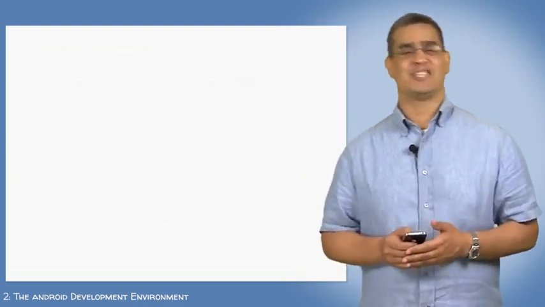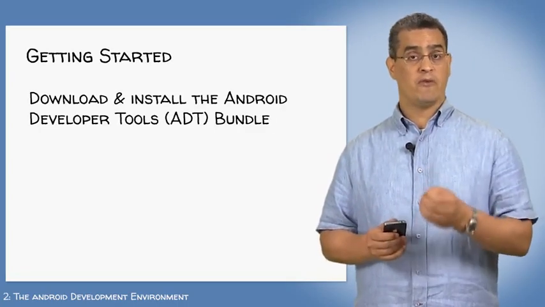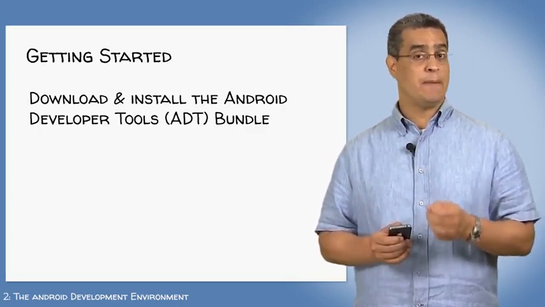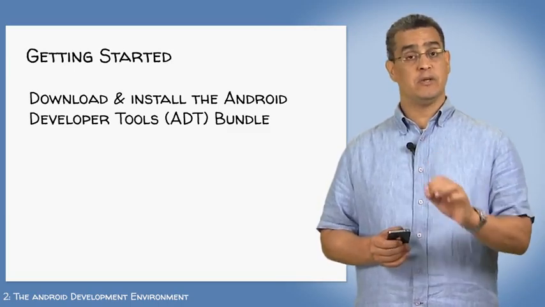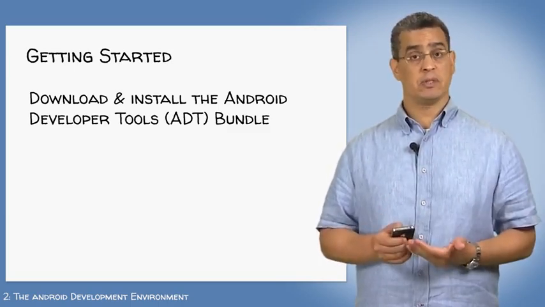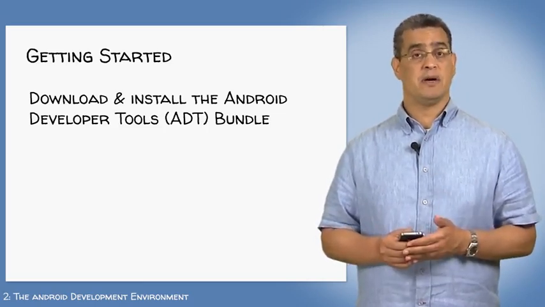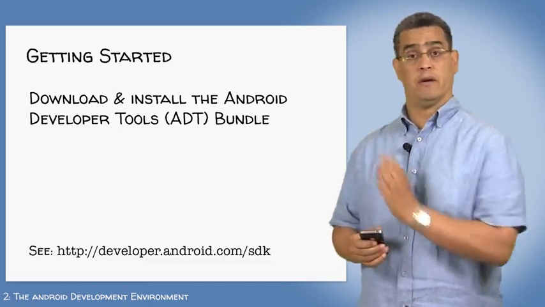So now we're ready to get started. So first, download and install the Android Developer Tools, or ADT bundle. Now, I suggest you do this right now, and that way you can follow along with my examples while you watch the rest of this lesson. You can find the ADT bundle at the URL shown here.